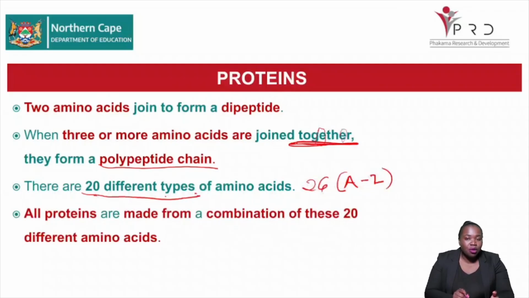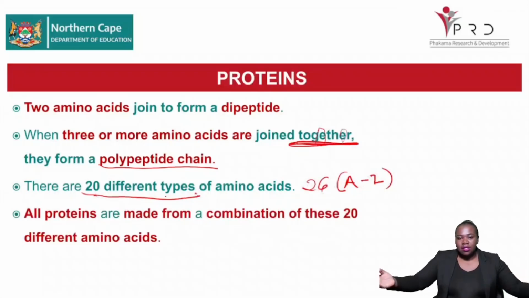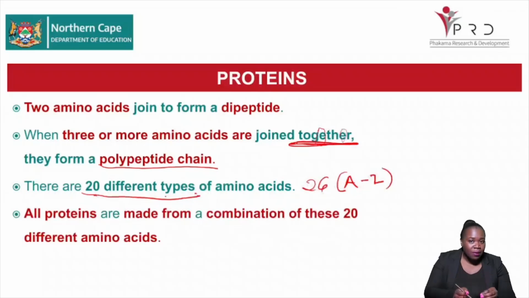Of these 20 amino acids, some of them are going to be repeated or used many, many times as this long chain is being formed to have a protein. However, the amino acids are only 20. So we can also see the letter T is appearing twice again. So that means that to form the word together, T was used twice, E was used twice. However, it's still E and it is still one T, right?